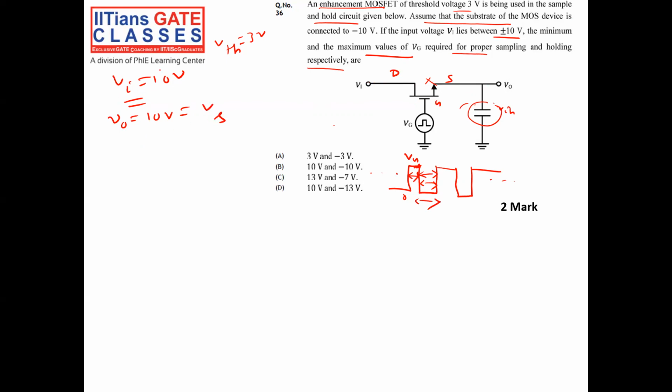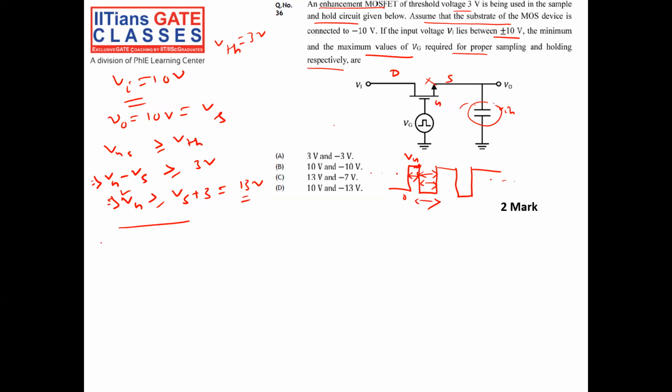When VI is plus 10 volt, my capacitor will charge to plus 10 volt when my gate is high. So how much gate voltage do I need for making it on? I need VGS greater than or equal to VTH. This implies VG minus VS should be greater than or equal to 3 volt. This implies VG should be greater than or equal to VS plus 3, which is 10 plus 3, equal to 13 volt. That means the maximum voltage of VG should be 13 volt, right?